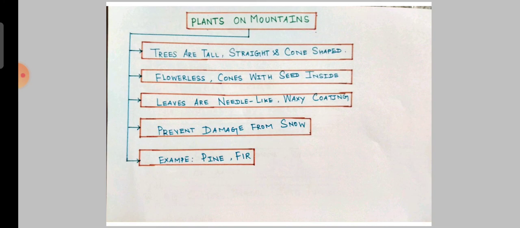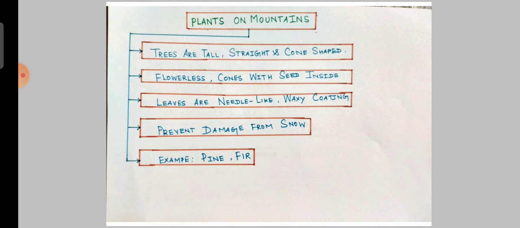Next, plants on mountains. Trees are tall, straight and cone shaped. These trees are flowerless and have cones with seeds inside them.